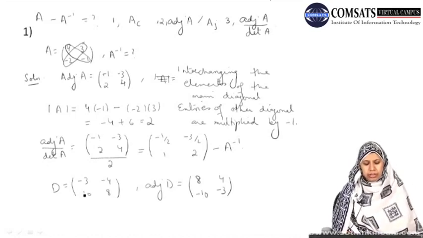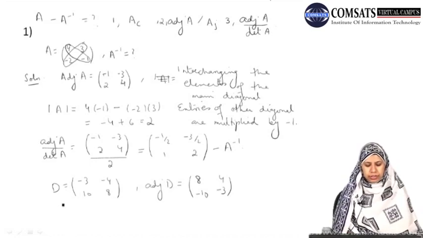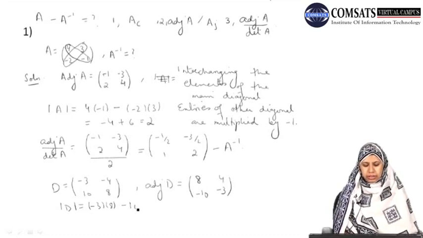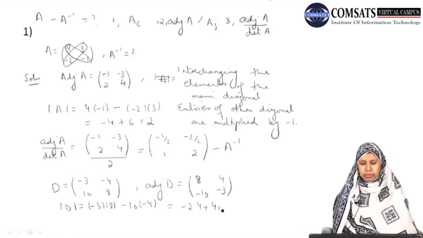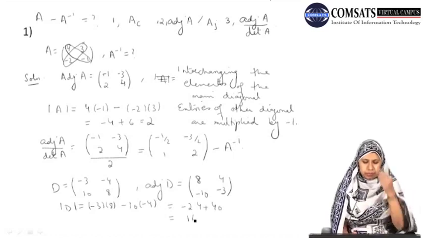We can also find the determinant of this matrix. The determinant is the product of the main diagonal, -3 into 8, minus the product of the other diagonal, 10 into -4, which is -24 plus 40, equal to 16.